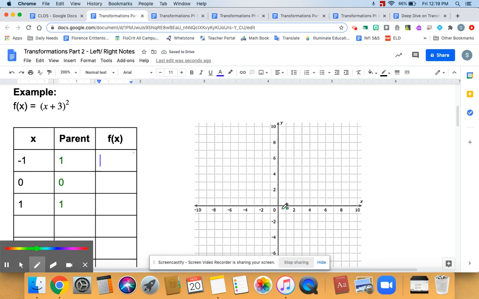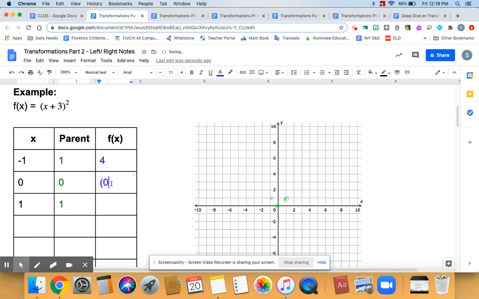So if I go to my original x squared graph, the 3 dots are right here. Then if I plug it into here, -1 plus 3 squared. Well, -1 plus 3 is 2. And 2 squared, 2 times 2 is 4.